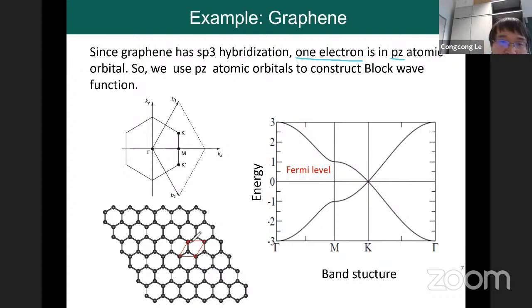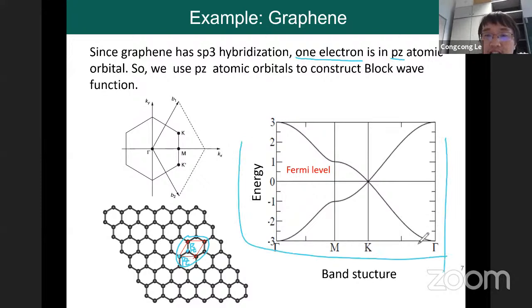Because the unit cell has two atoms, and every atom can give a pz orbital, the band structure has two bands like this. It's one band, another band, and here is the formula. And Gamma, M, K are from momentum space, like this Brillouin zone.